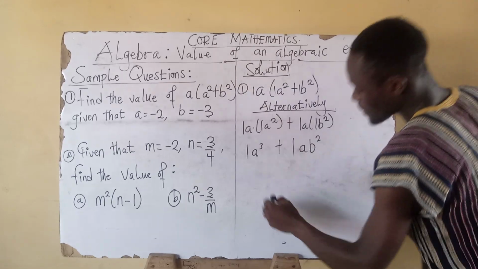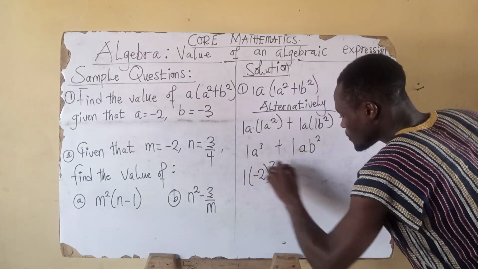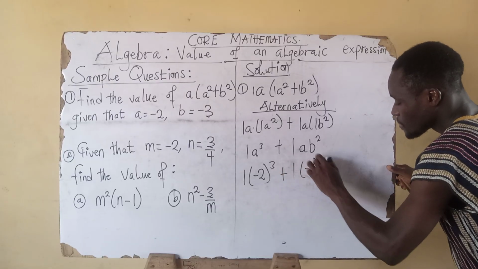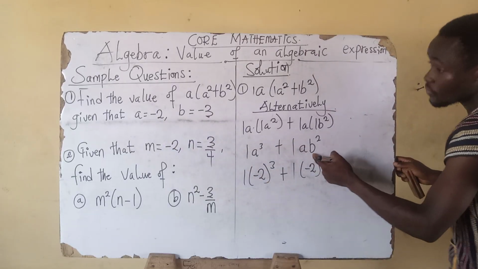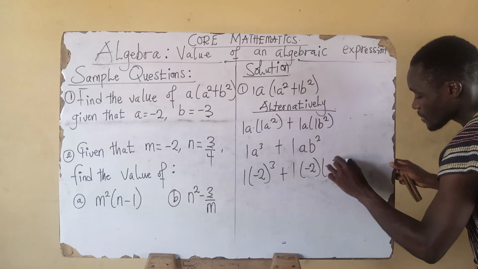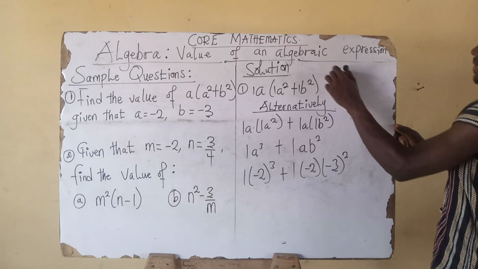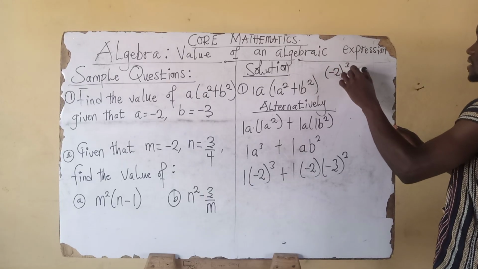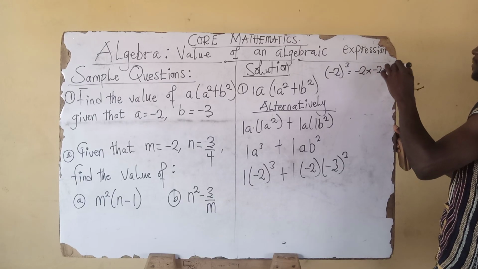So a now is, what do we have over there? Negative 2 or power 3 plus 1 in a bracket. A is negative 2 here. Then we have b squared. So here is negative 3 or power 3. And have it in mind that when we have this, it means negative 2 times negative 2 times negative 2.